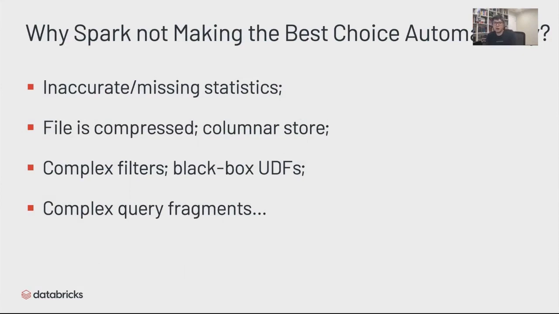And also the filters could be complex. They might also contain black box UDFs. And the whole query fragments might be large and complex. It is hard for Spark to estimate the actual data volumes to make the best choice.